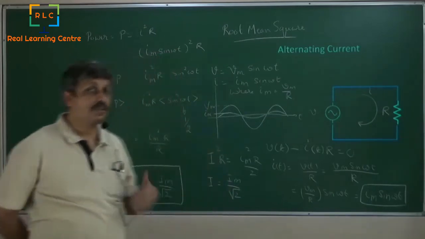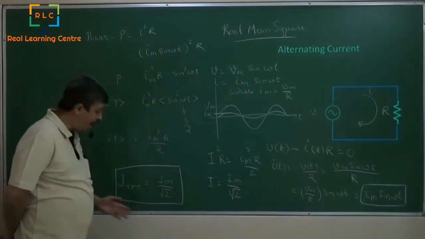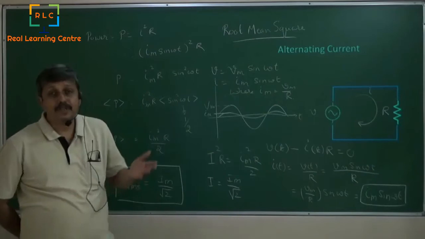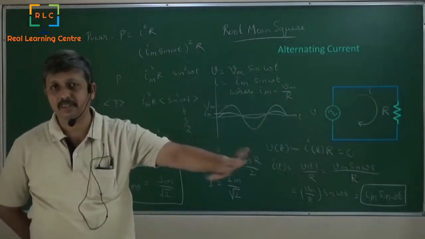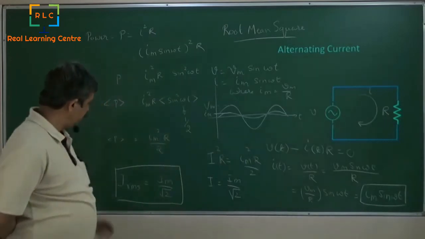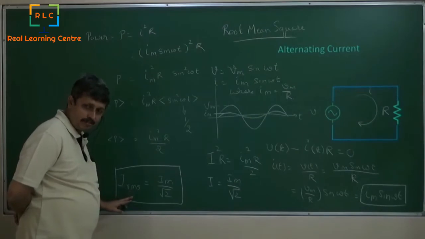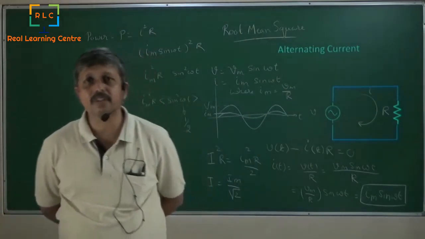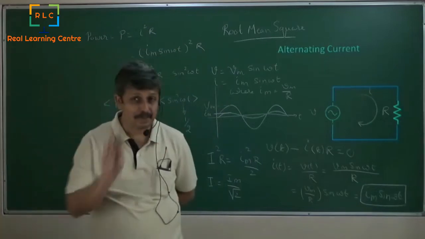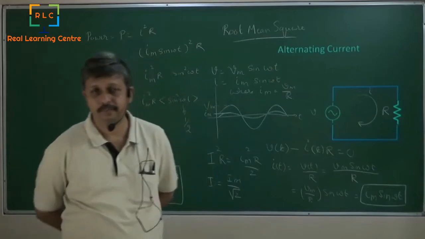So that is why we don't look at the average of the current, but basically at the RMS of the current: how much current is needed to heat up the same amount as the AC. So it is called the RMS value of current, and we are going to be using a lot about that. Whenever we talk about an AC current, we say how much RMS current, and that will give us an idea about how much current is flowing.